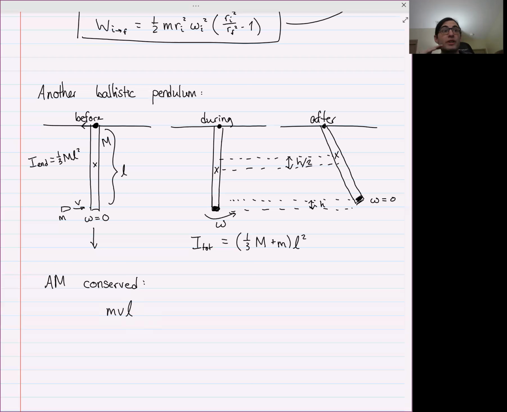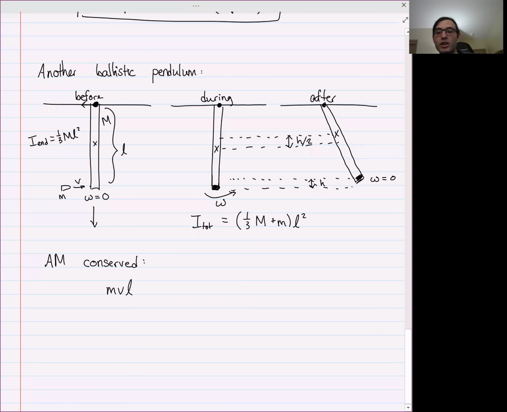The angular momentum of a translationally moving object, and we covered this on Wednesday, is just the momentum, mv, multiplied by the perpendicular distance between the trajectory of the object and the hinge. That distance is L, so this is the R perp. We multiply them together to get the initial angular momentum.